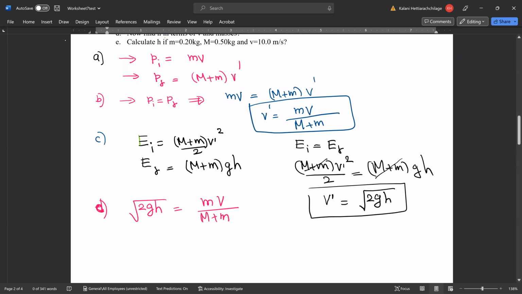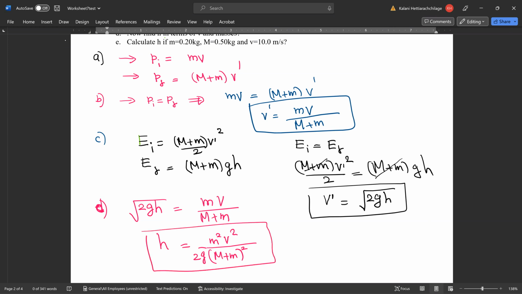And then you can find the H from this. Square both sides first and then divide by 2g. Squaring both sides will give you M squared V squared over M plus M squared, and you're going to divide by 2g. If you need more steps, you can write them. So that will be the H.